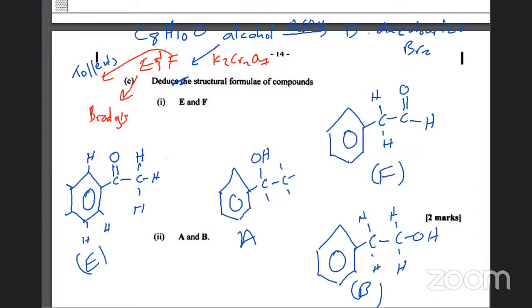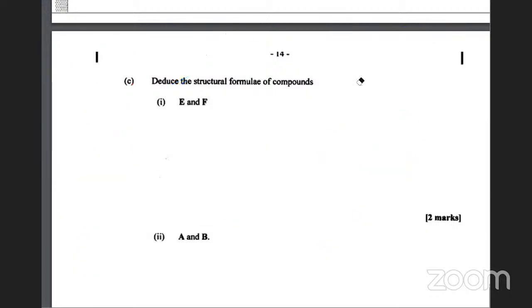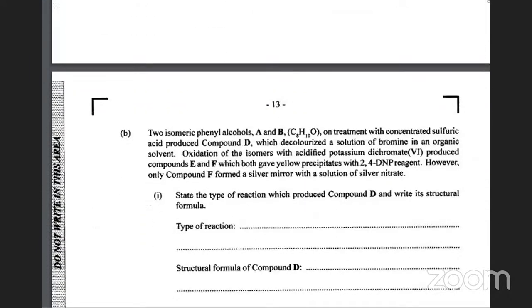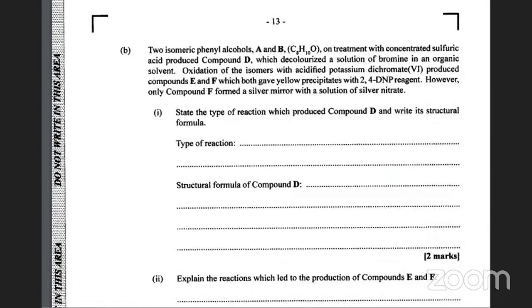All right, so let me just run back the question again very quickly. So you have two alcohols, A and B, two isomeric alcohols, right? Something is different about them.